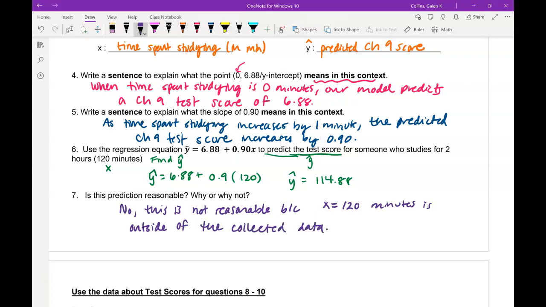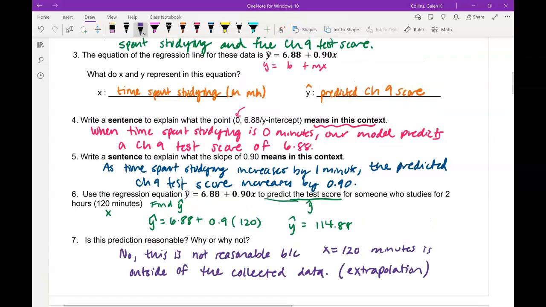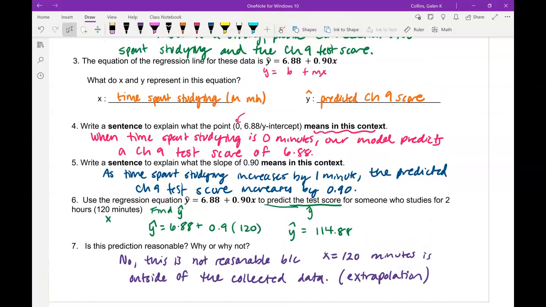And again, the real mathy word we use for this is extrapolation. You don't have to include that word in your response, just in case you were curious. Lastly, if you think about it, if we were to keep increasing x, eventually we could get to a test score of like 5,000. So really, that linear model is only good for a certain range of data for the prediction.